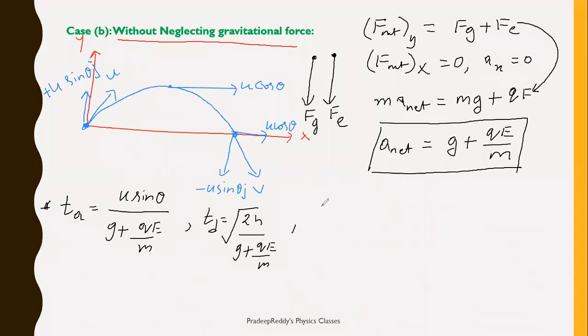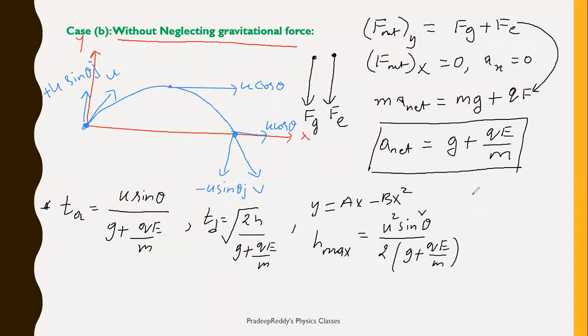The path is a parabola, that will not change. It is ax minus bx square. The A value and B value will be the same as we derived in the previous case, but wherever g is there, you should replace it with g plus QE by m. Similarly, h maximum is equal to u square sin square theta divided by 2 into g plus QE by m.